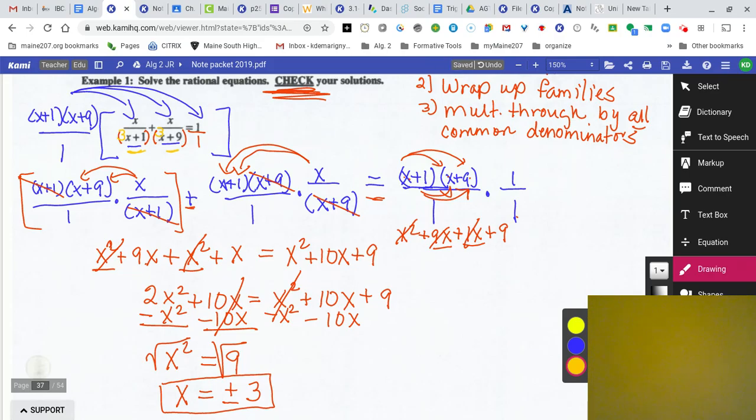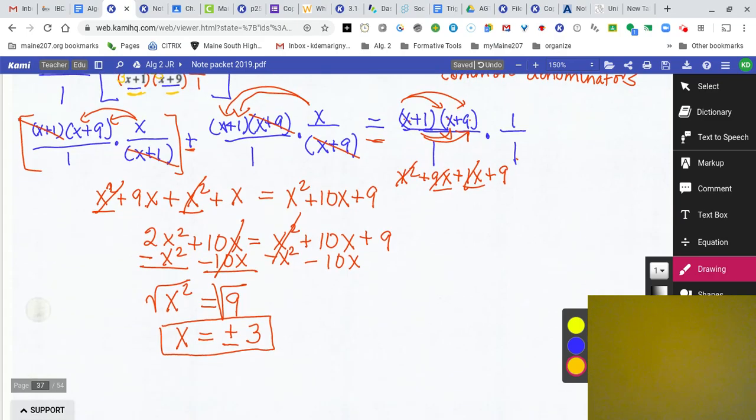The answer is no. So I check the negative 3. What if I had negative 3 and negative 3? Will either one of those give me a 0 in the denominator? And the answer to that is no. So therefore, I'm going to accept both of these solutions. So my two solutions would be a 3 and a negative 3.